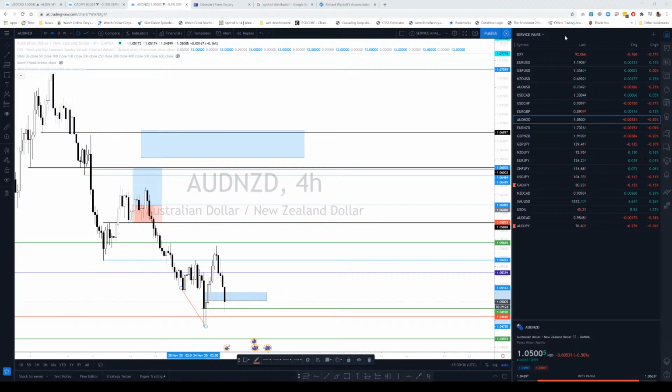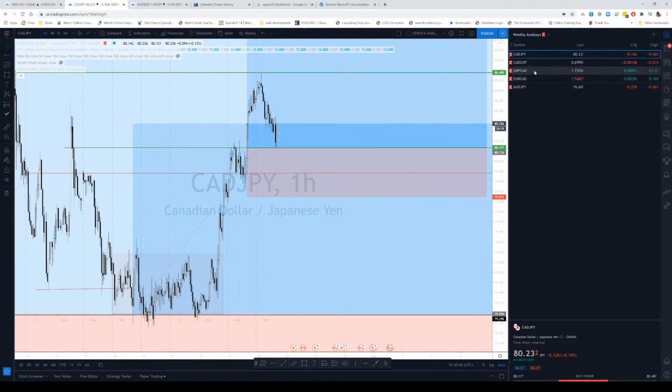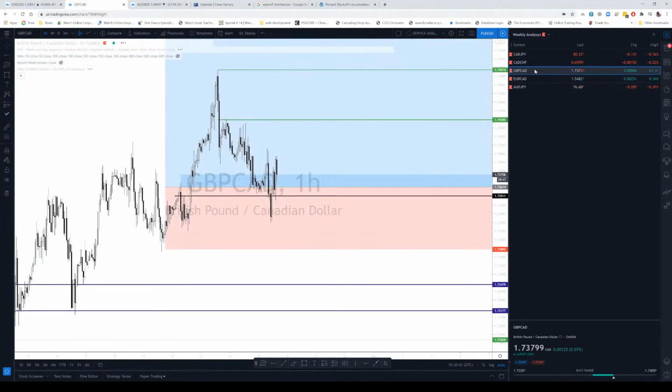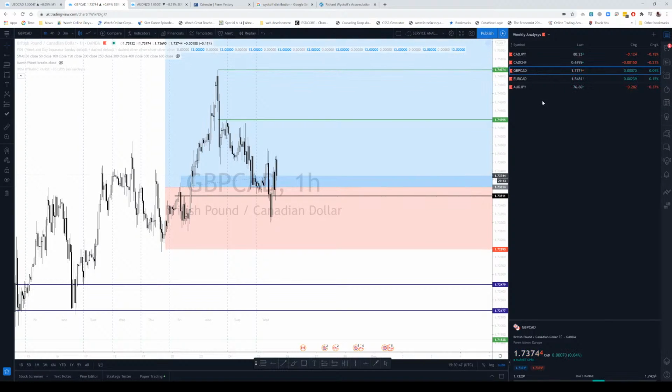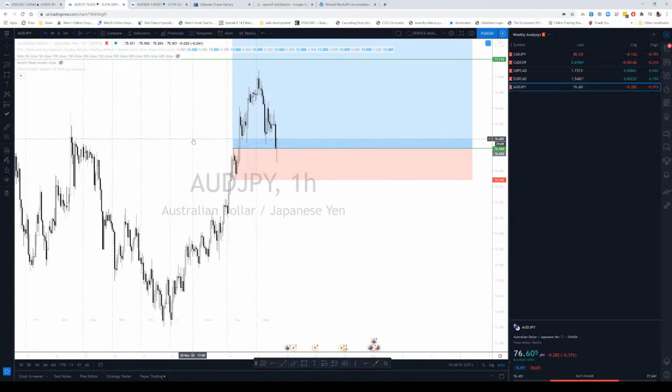Pay attention to the pound CAD. What other trades? You want to also look at Aussie yen. Look at Aussie yen.